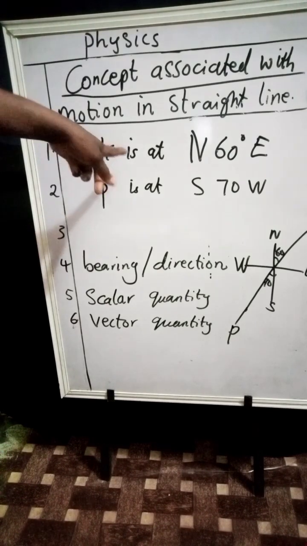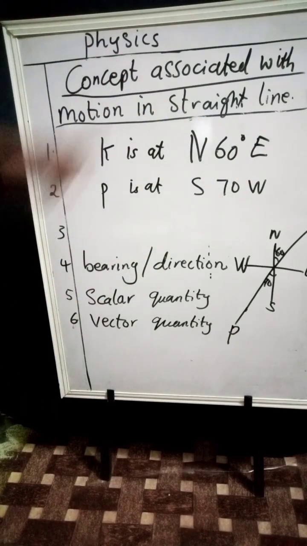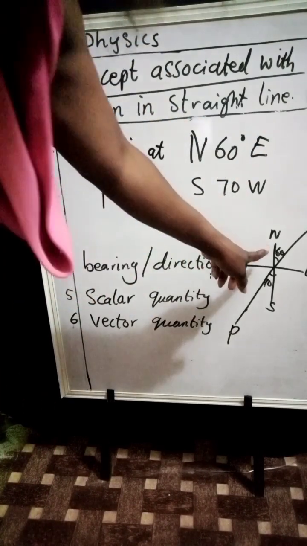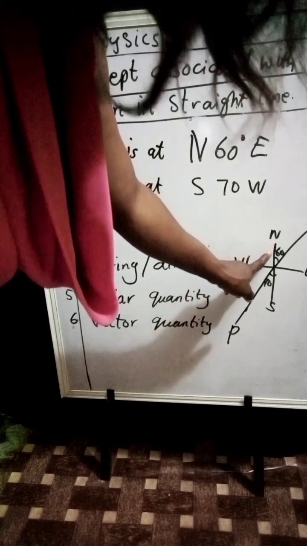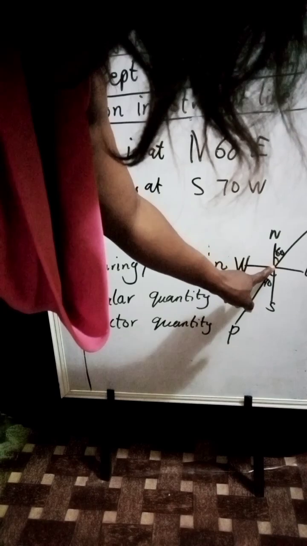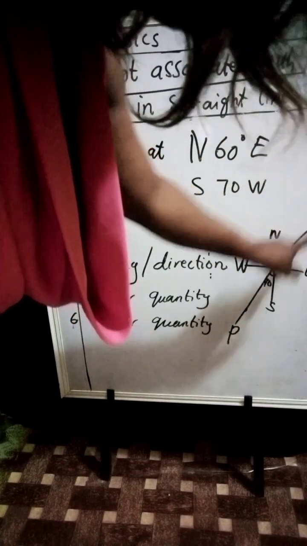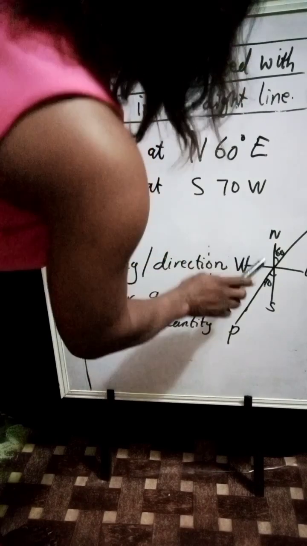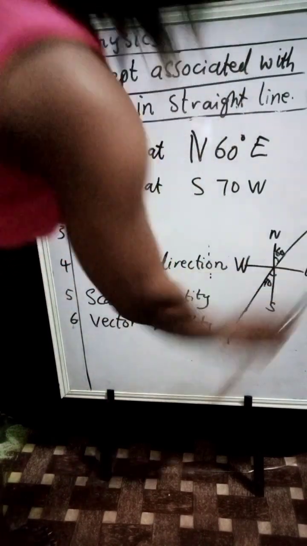K is at north 60 degrees east. It means that from the north, you move 60 degrees, then you get the point K. You can see this is north, then you move 60 degrees. This is the point K.